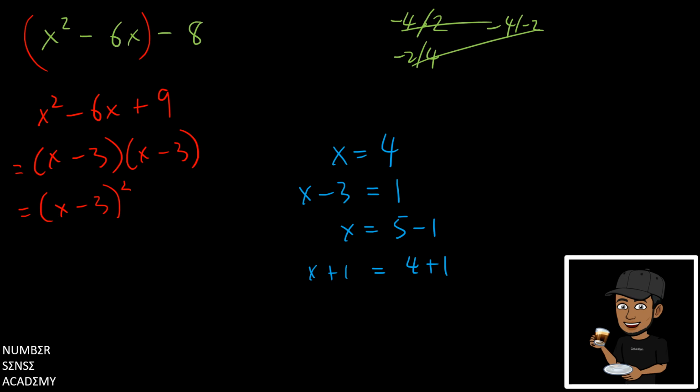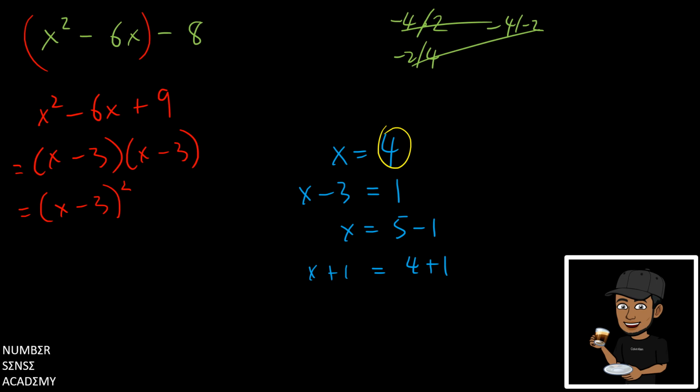All of these still give me this value of 4. If I work out the algebra, I'm going to end up with 4 in all these cases. So basically, what this is telling me is that I can add whatever I want to my equation as long as I don't change the value of the equation.